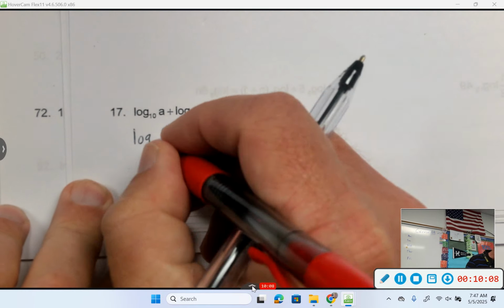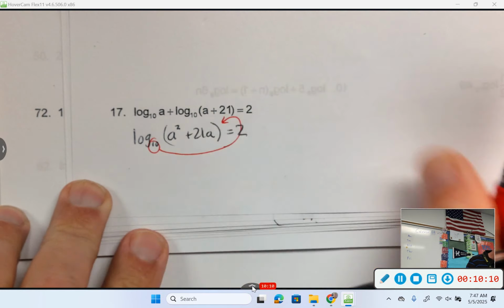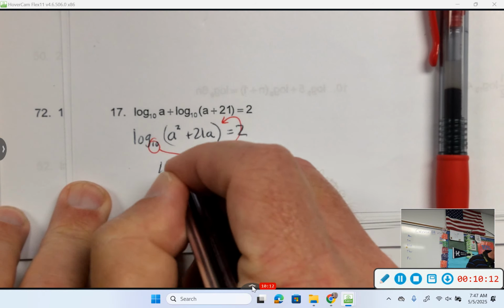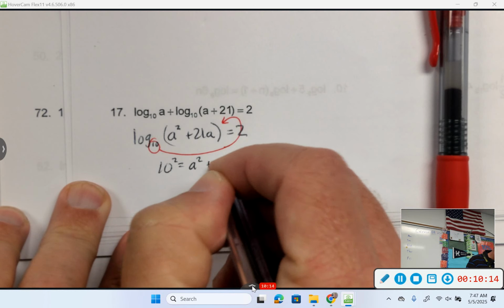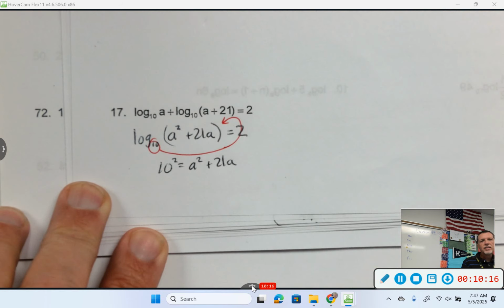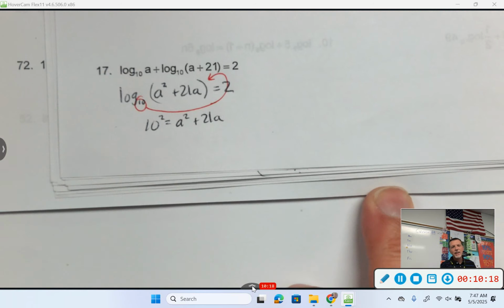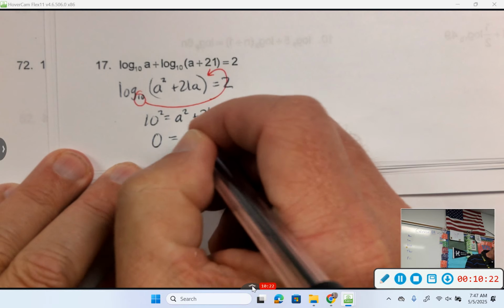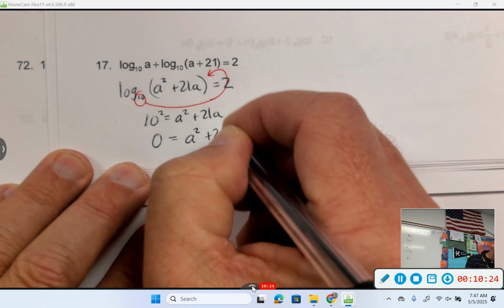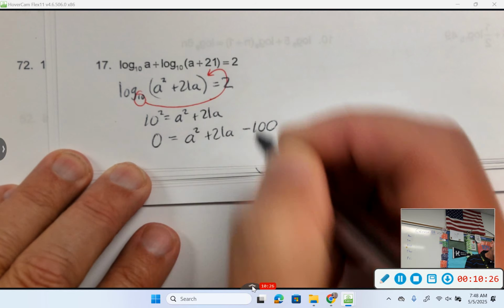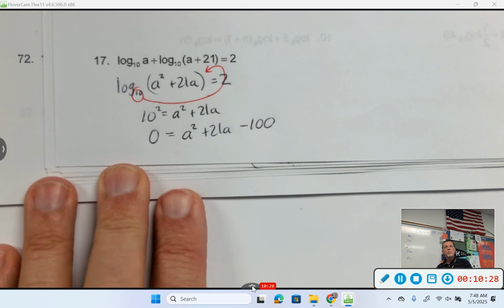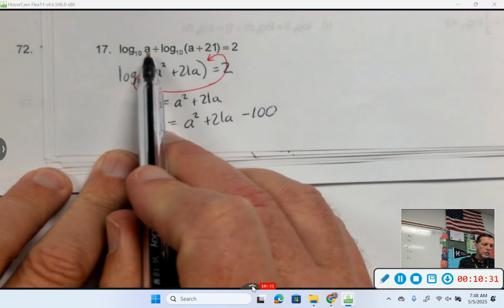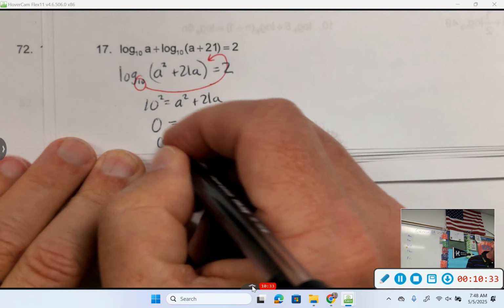Fish hook, which means 10 squared equals all of that. So it's a quadratic. We'll move it over. We'll hope it factors. Probably get two answers. One will be positive, one will be negative, which means I'm really worried about one of them.